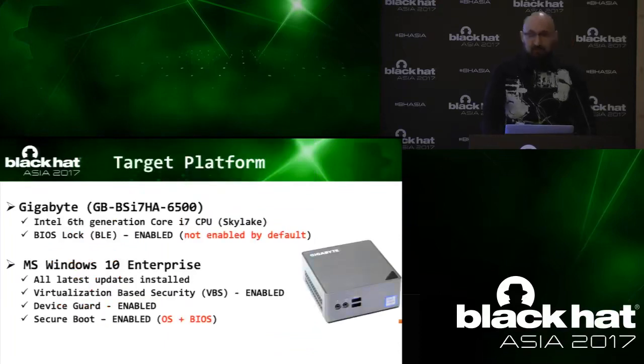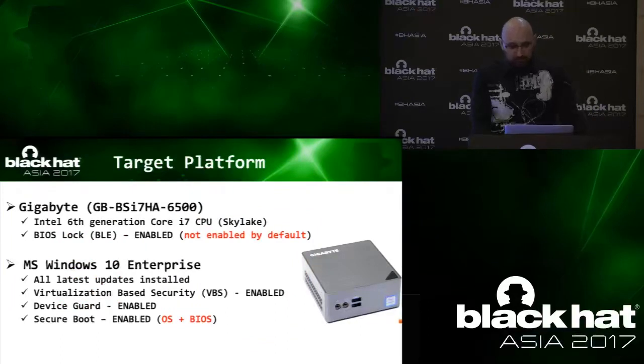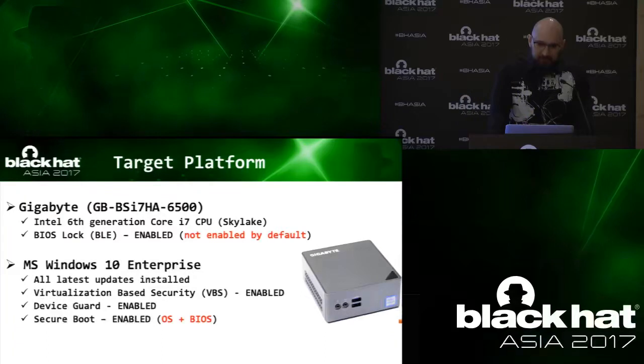Also, today we will show a demo of how we can exploit these issues from Windows 10 Enterprise. All the updates are installed, virtualization-based security is active, Device Guard is enabled, and Secure Boot is also enabled. And the hardware platform actually uses a pretty recent Skylake CPU, which is a Core i7 with vPro.